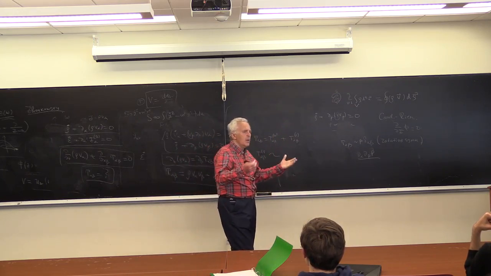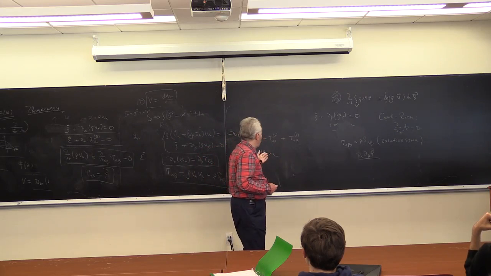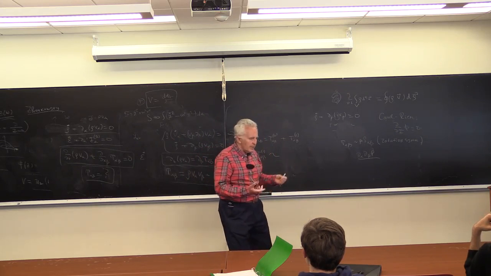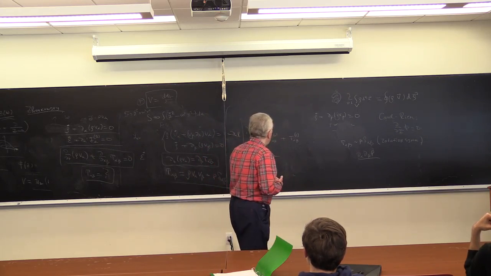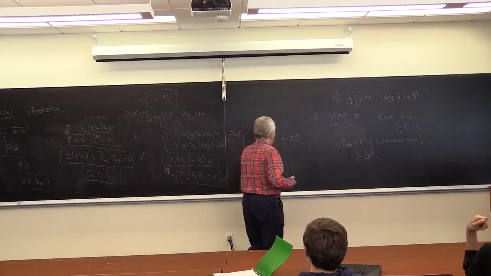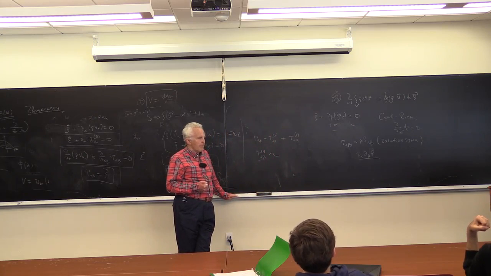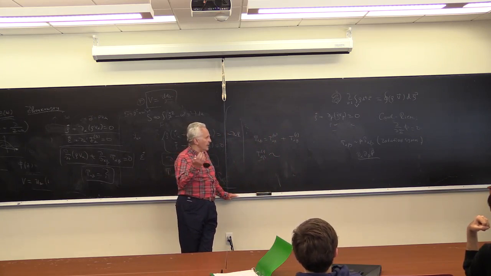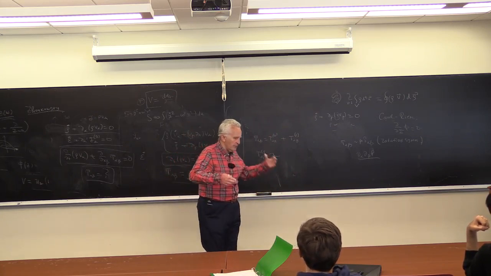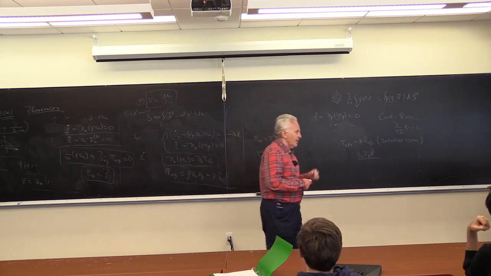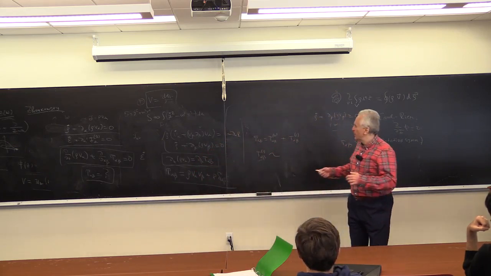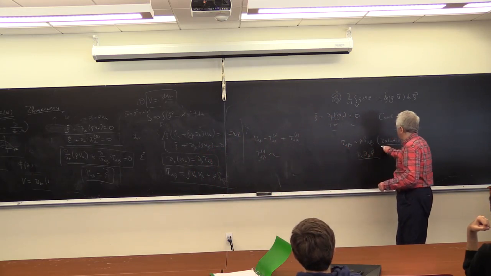So give me at least one example of an expression which depends on velocities and contributes to the stress tensor. Just any term. And it should be consistent with rotational symmetry.